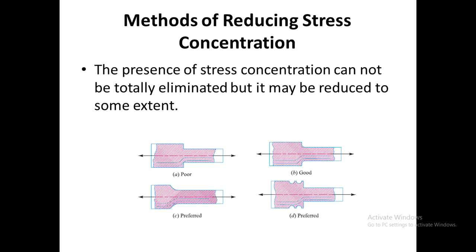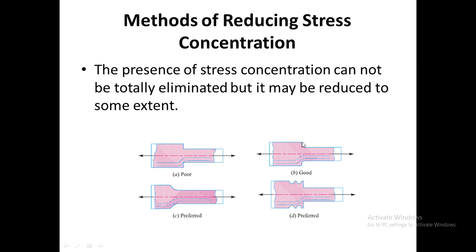There are many methods for reducing stress concentration because stress concentration induces cracks, failures, or breakage in the machine component. Here we can see that when there is a sudden change in the dimension of the machine component, there is an abrupt change in the stress distribution, and hence the design is not very safe.